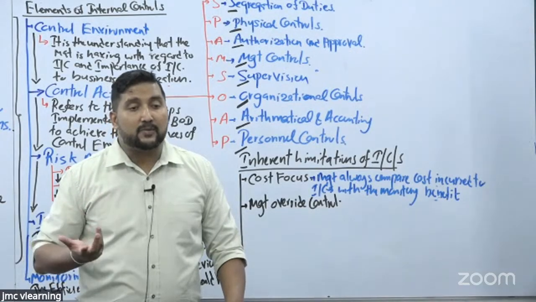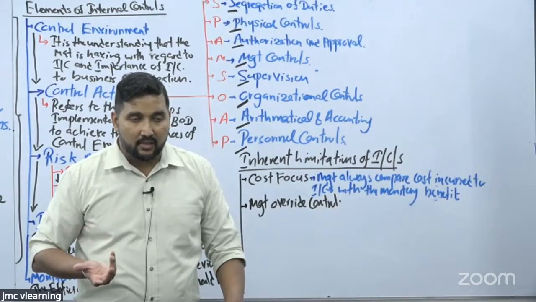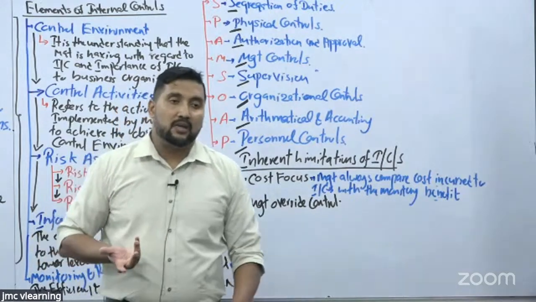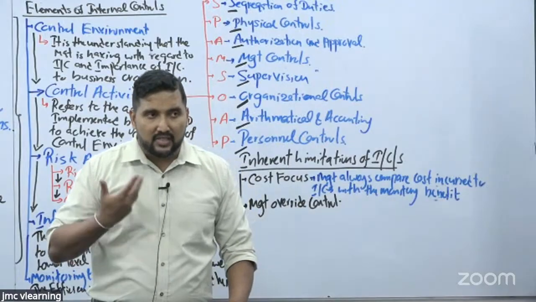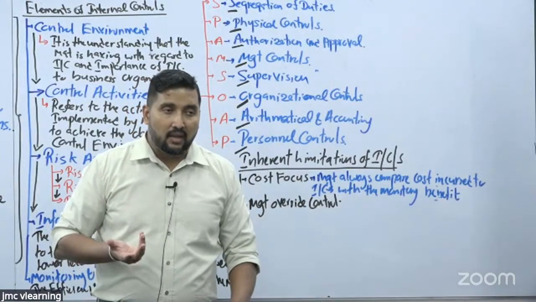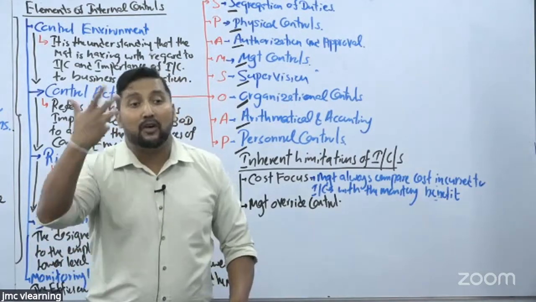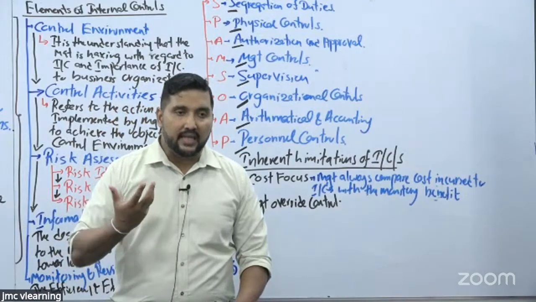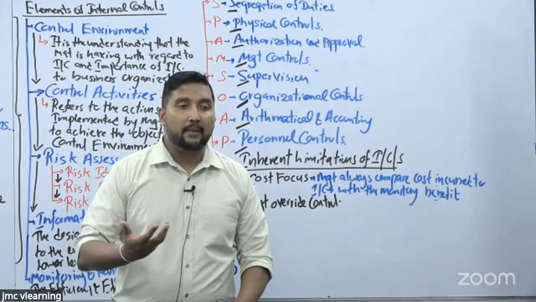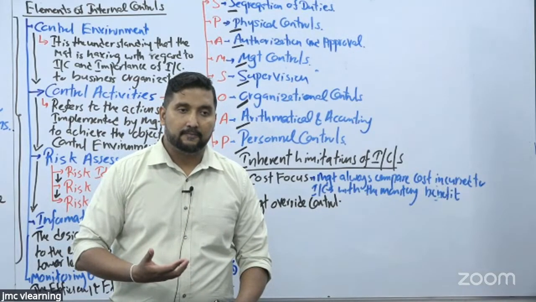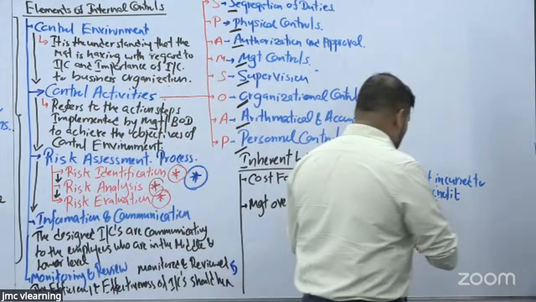For example, the board of directors are responsible for implementing the internal controls in the business organization, but based on the power which they have, there will be a tendency for them to override the controls which they have already designed and implemented. That is what you referred to as management overriding the control.